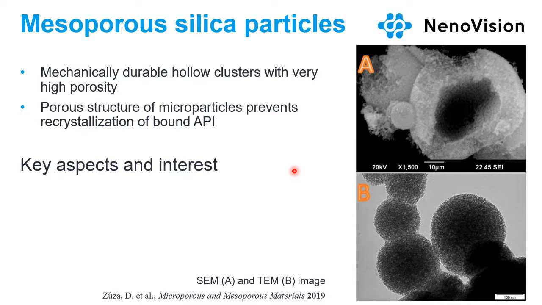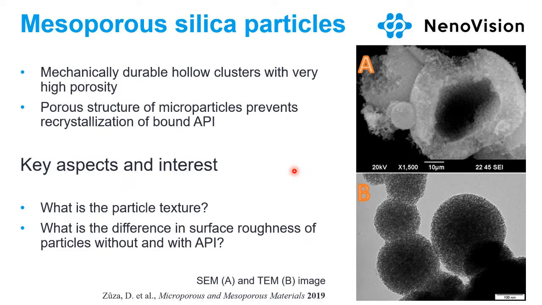So key aspects we are interested in are particle texture, or how it looks like, and what is the difference in surface roughness between particles without the ingredient on top and with ingredient.